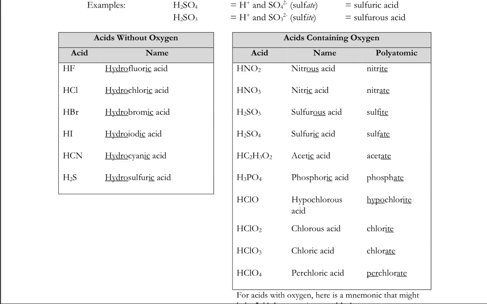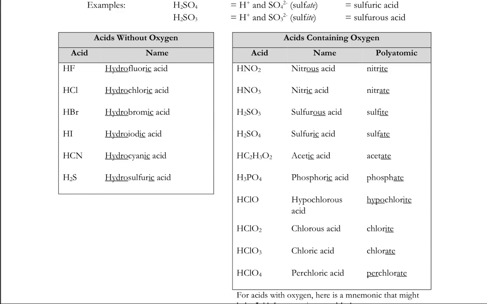H2SO3 versus H2SO4. So SO3 2 minus is sulfite, SO4 2 minus is sulfate. So the ite becomes ous acid, the ate becomes ic acid, so we have sulfurous acid and sulfuric acid.